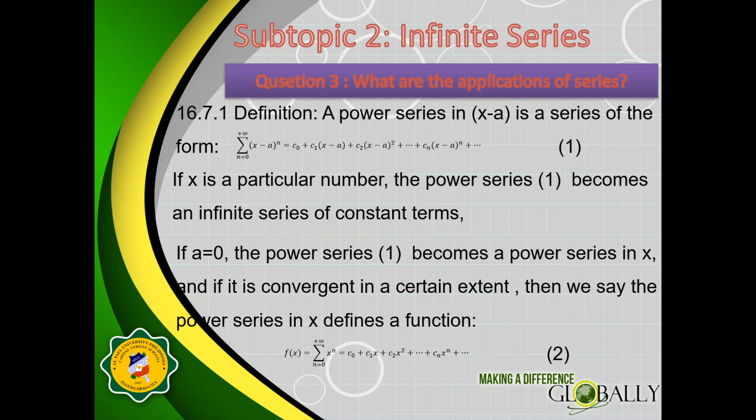If x is a particular number, then the power series 1 becomes an infinite series of constant terms, like we concerned before, right? If a equals 0, the power series becomes a power series in x, which we say is a Maclaurin series.